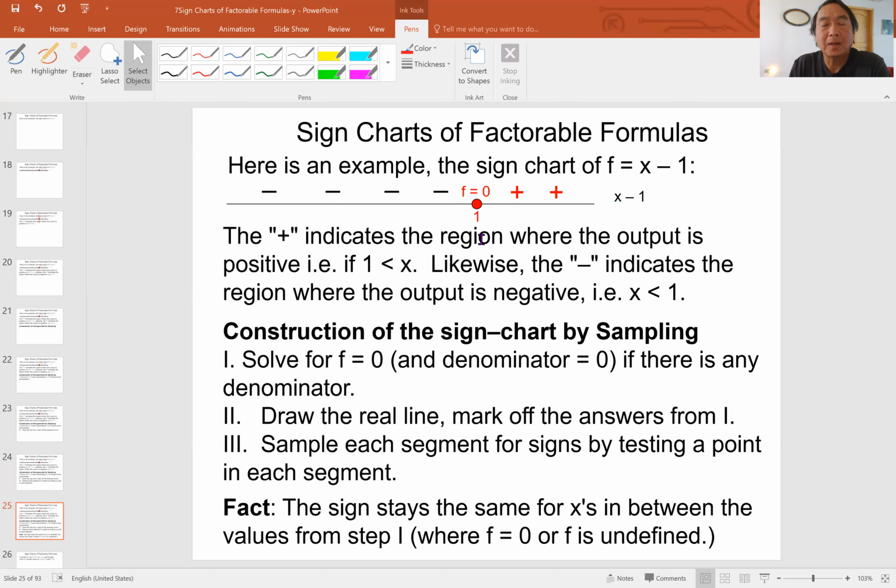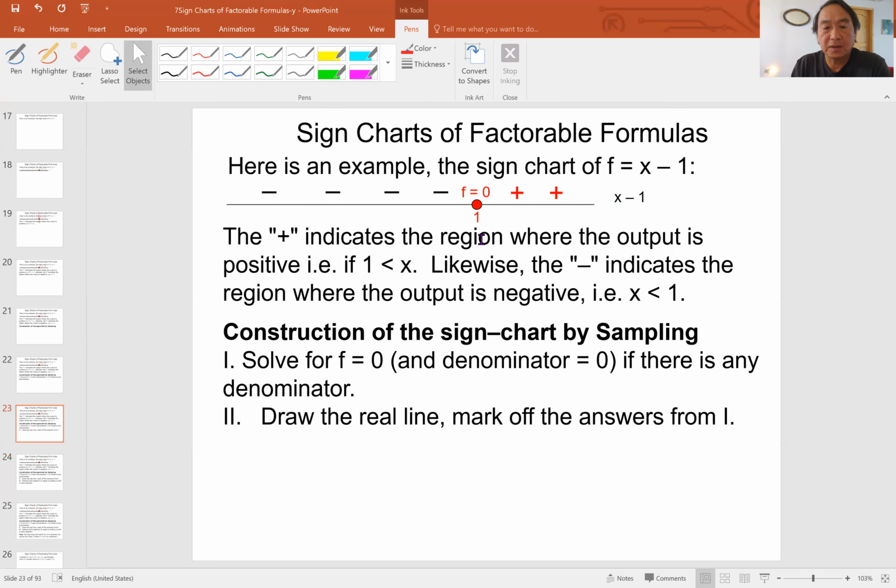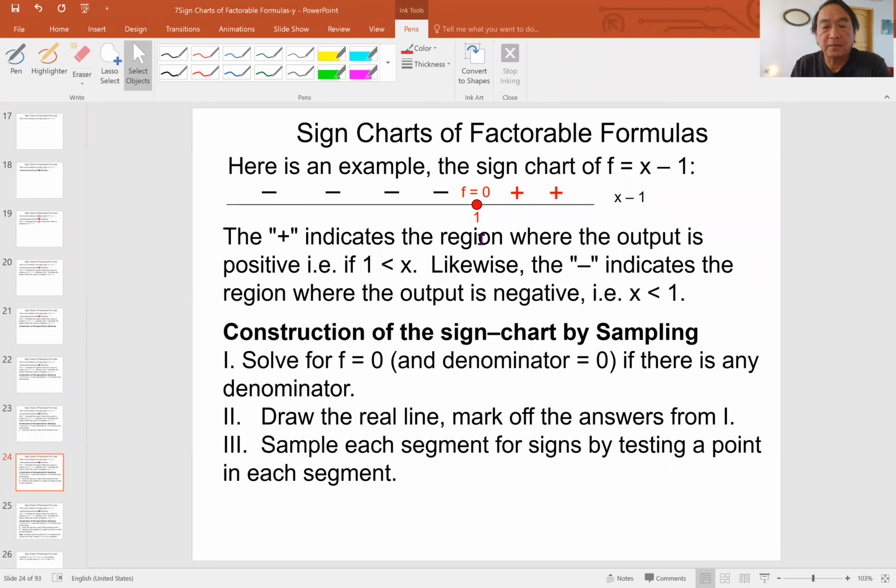One of the very important facts we use is that the formula does not change sign between zeros, where f equals 0 at different locations.